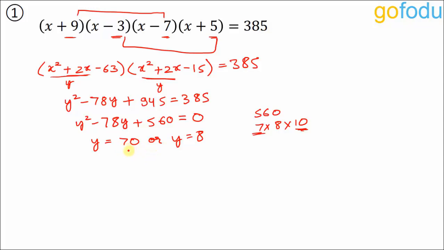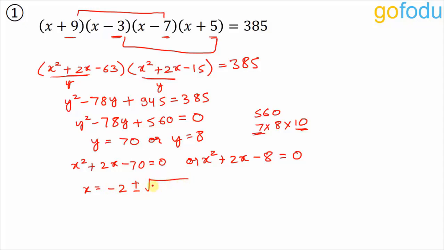Now for y is equal to 70, x square plus 2x will be equal to 70. So our quadratic equation will form as x square plus 2x minus 70 equal to 0, or x square plus 2x minus 8 equal to 0. For x square plus 2x minus 70 equal to 0, x will come out as minus b, that is minus 2, plus minus root b square, that is 4, minus 4ac, and this minus sign in c will turn it to plus 4ac, 4 into 70, that is 280, upon 2.